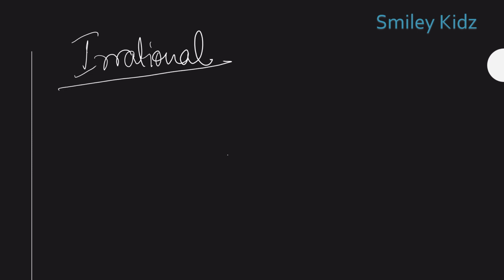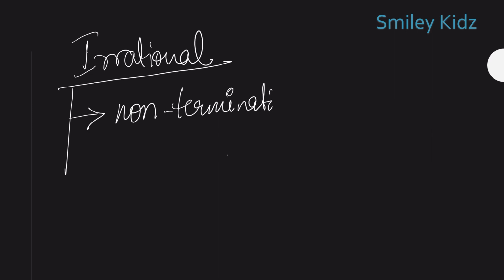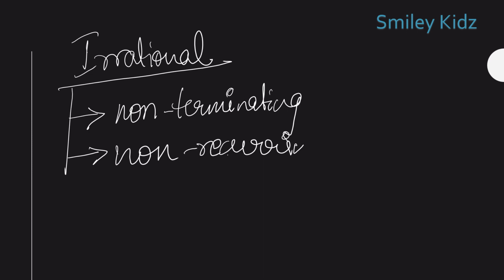Irrational is a number whose decimal expansion is non-terminating and non-recurring, is an irrational number, whereas a number whose decimal expansion is terminating or non-terminating recurring is rational.